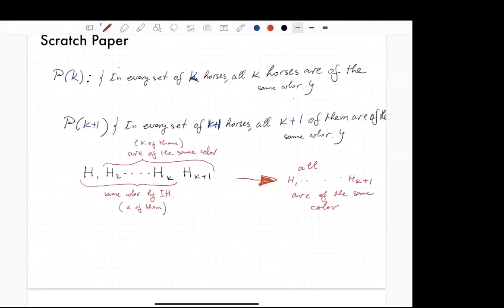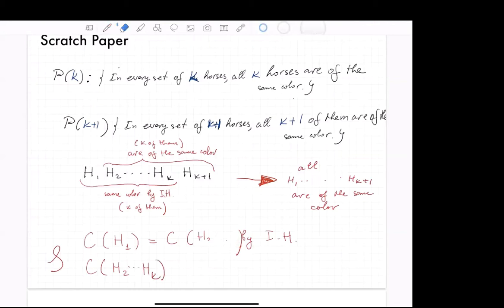Just to be clear, the color of H1 equals the color of H2 by the inductive hypothesis, and the color of H2, H3, through HK is the color of H K plus 1, also by the inductive hypothesis.